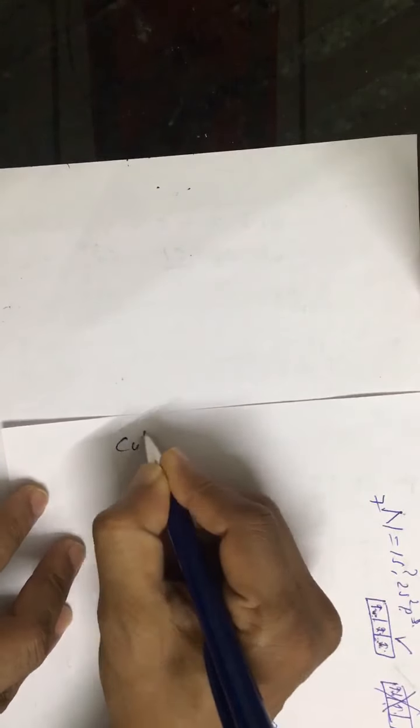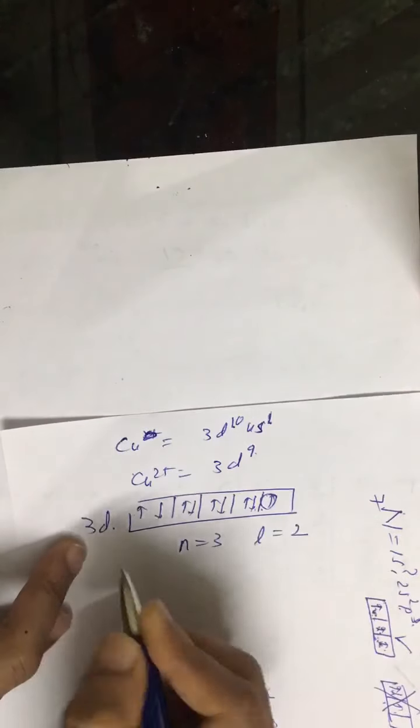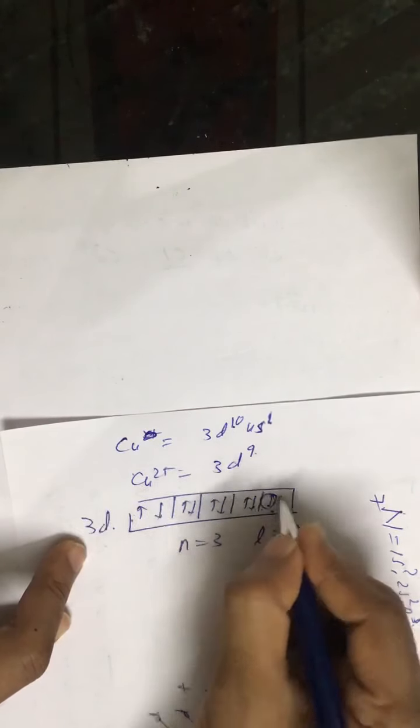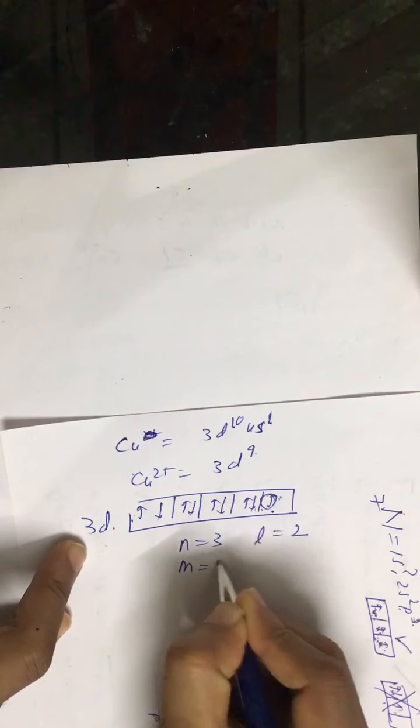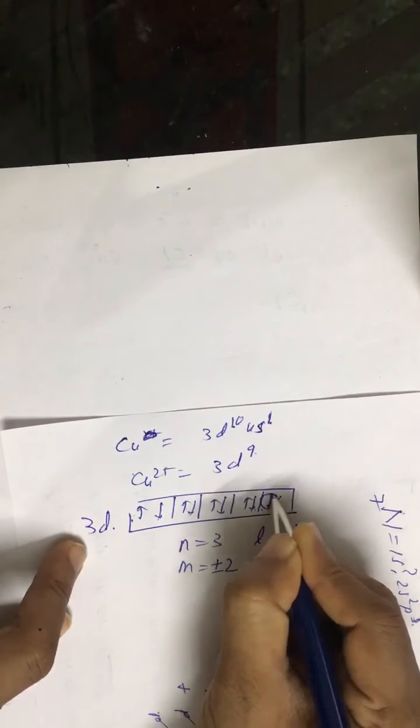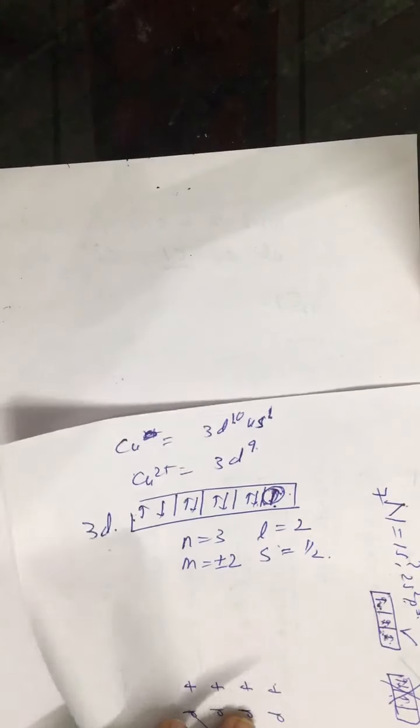This is the unpaired electron. It is present in 3d, so n is equal to 3, l is equal to 2, because it is present in the d subshell. Since it is present at the corner, m is equal to either plus or minus 2. And the spin quantum number, again it is an unpaired electron, so it is always plus half. Alright. So these types of questions you will find.